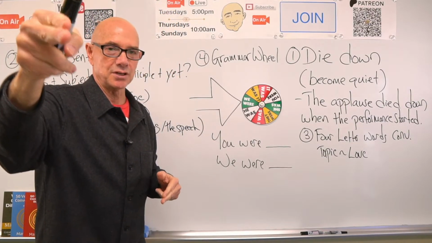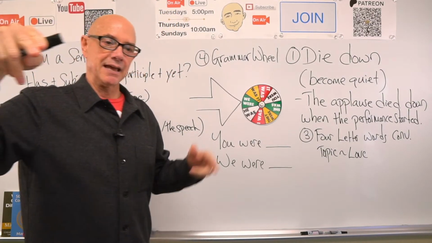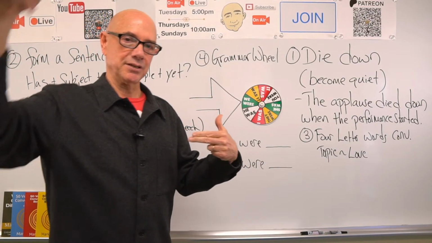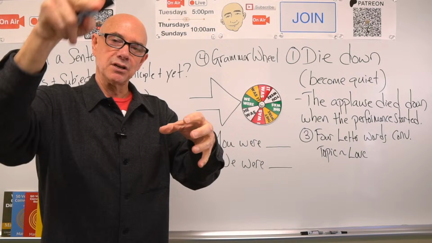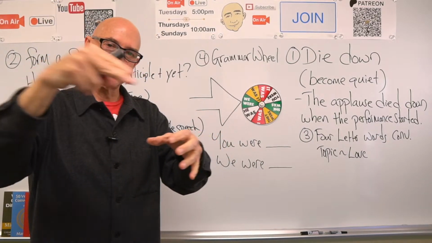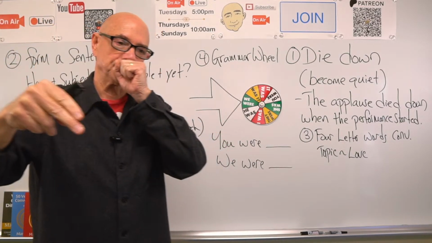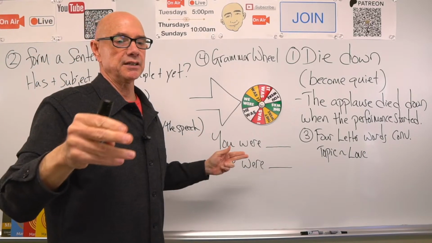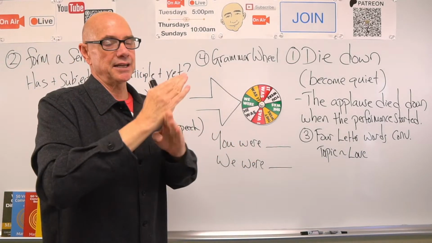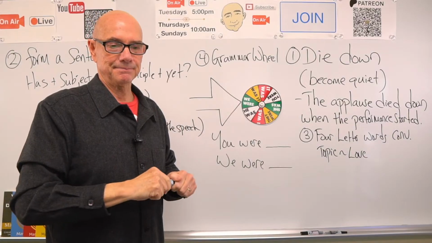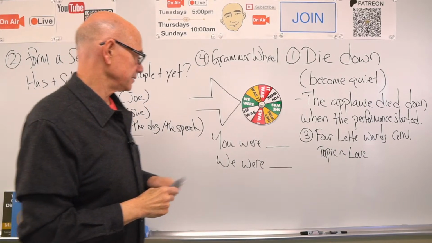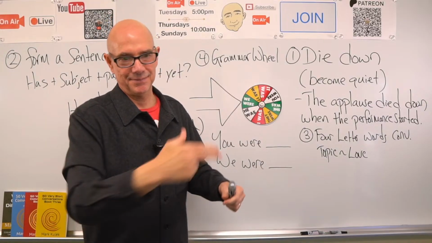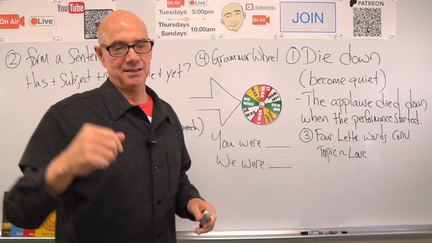So you're the only one. However, with we were, I'm included. You are included. So you and some friends, or you and other people. You are in the group. Includes yourself.